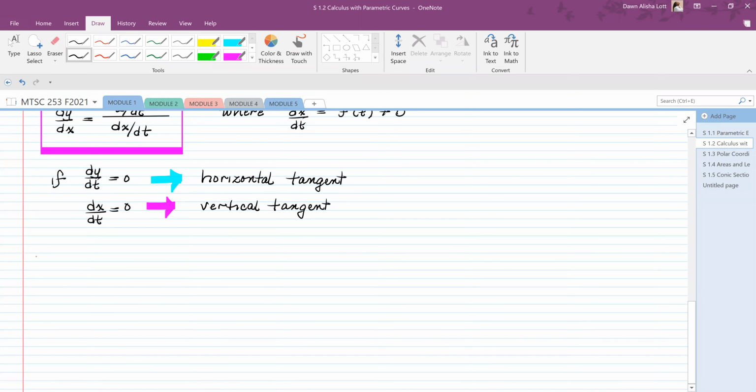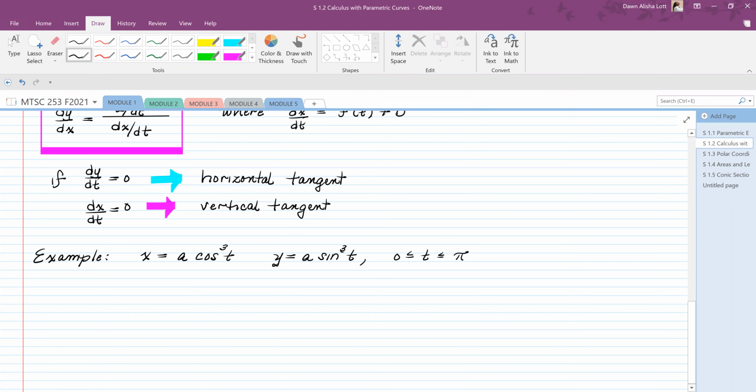So here's an example. So x is equal to a cosine cubed of t, and y is equal to a sine cubed of t, and then t is between 0 and pi.